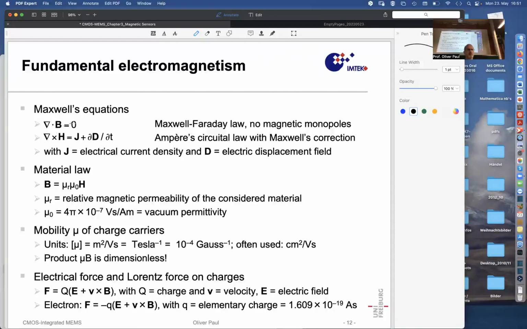The divergence of B is 0, and this is nothing else than to say there are no magnetic monopoles. There are no magnetic charges. If you have seen a magnetic charge, tell me, then we'll win a Nobel Prize for it, or you will win the Nobel Prize, because people have been looking for magnetic monopoles, but they don't seem to exist.